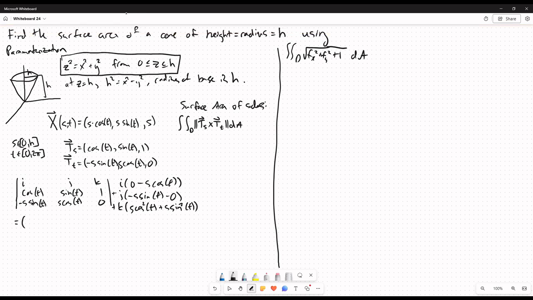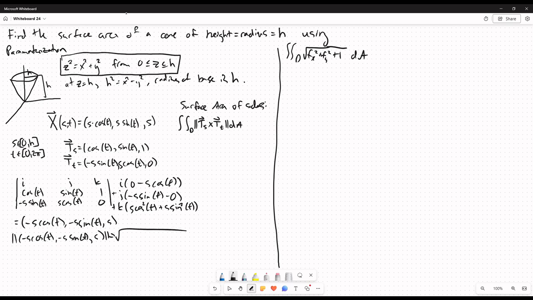So using some Pythagorean theorem and simplifying, we'll have negative s cosine of t, negative s sine of t, and s. So what's the norm of this thing? Well, the Pythagorean theorem is once again going to come in to save the day.